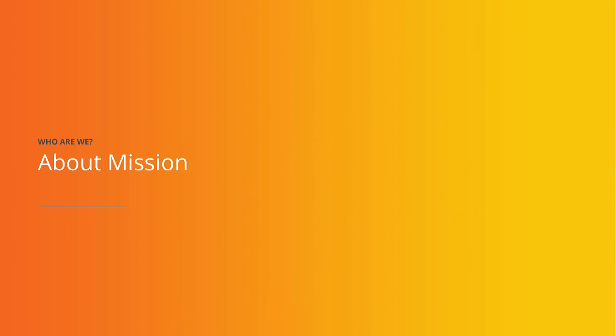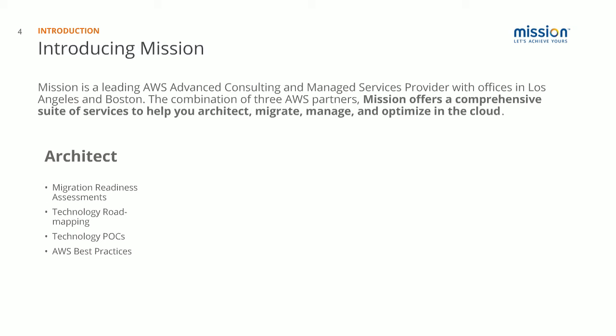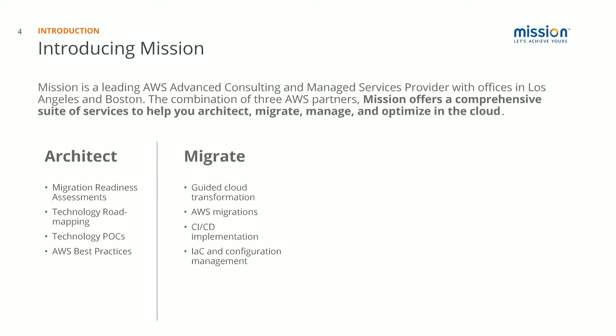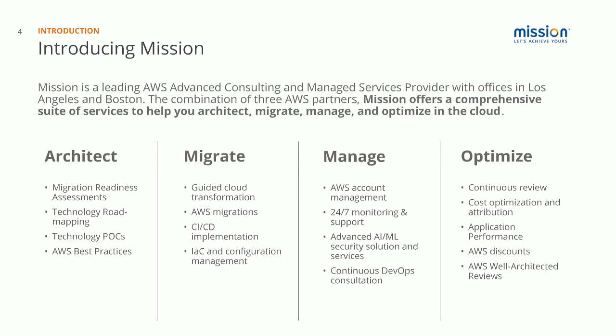Great. And a little bit about who we are at Mission. We are a consulting and managed services provider with offices in Los Angeles and Boston. We're actually the combination of 3 former partners, and now we are a premier partner. We offer a comprehensive suite of services to help you architect, migrate, manage, and optimize for the cloud.